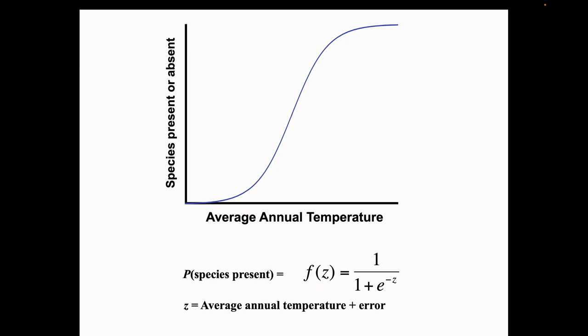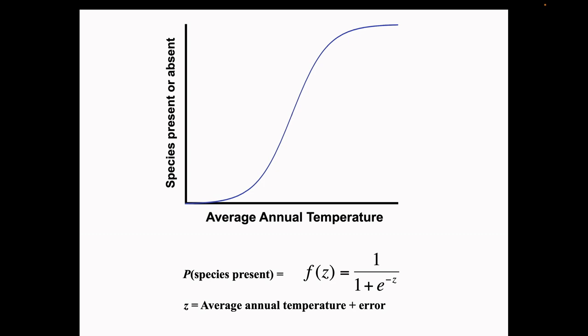And notice that the formula that the algorithm uses is one that has a really steep curve in between absences and presences. So this intermediate range of present or absent is a very narrow range of temperatures. So most of the time, the equation does a good job of telling you present, number near 1, absent, number near 0.